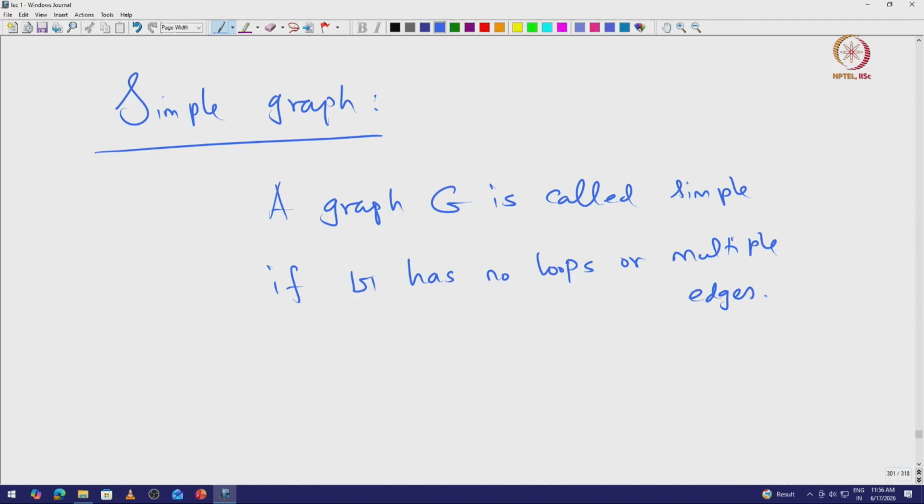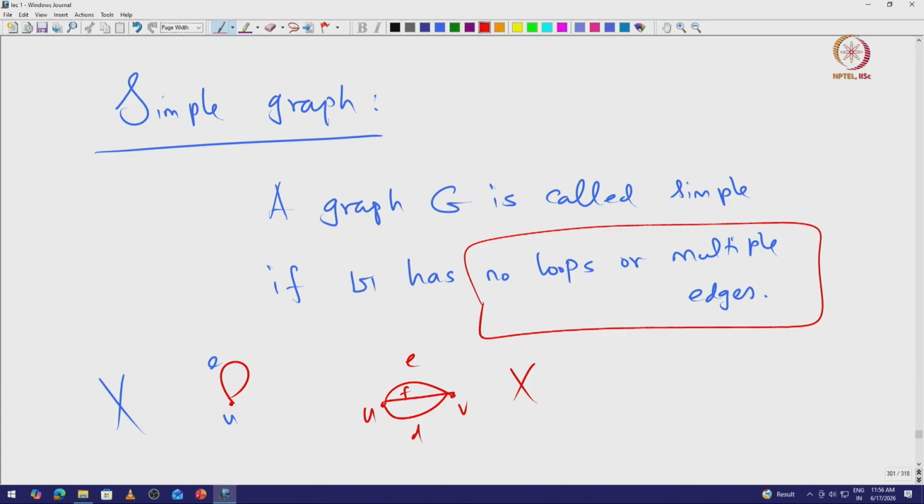For example, a loop looks like this, and this should not appear. Similarly, one should not have multiple edges between U and V, like E, F, T. This also should not happen.